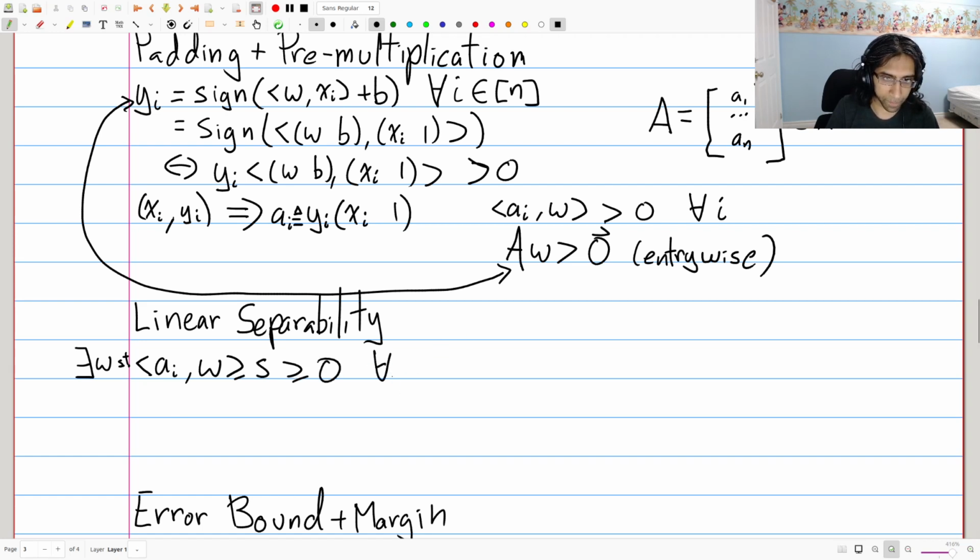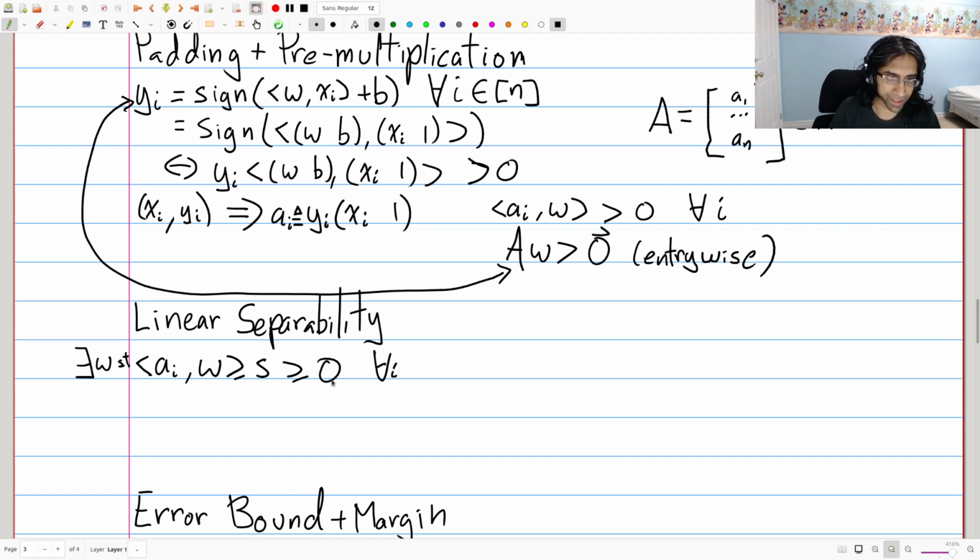for all i. So the idea is it's going to be linearly separable if you can take some parameter vector, take the inner product with each of the points, and say that it's greater than some S which is non-zero.